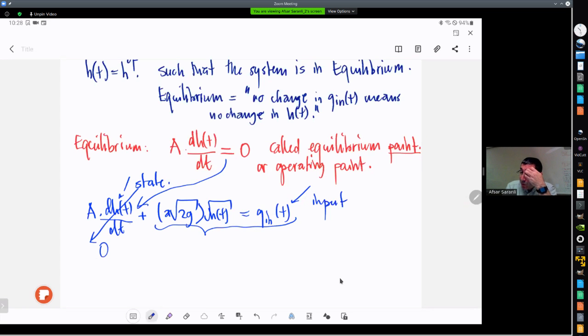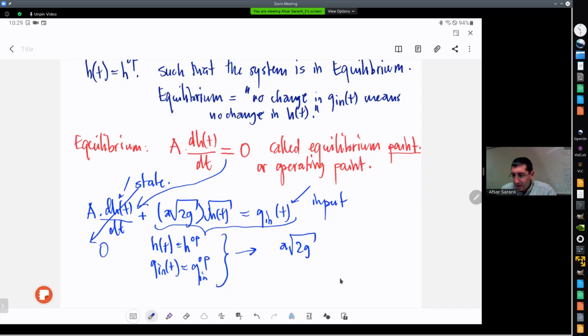Now, because I'm imposing equilibrium, I now have constant h(t). So h(t) becomes h_op, and q_in(t) becomes q_in_op. So if I write this, I have a times square root of 2g times square root of h_op is equal to q_in_op.